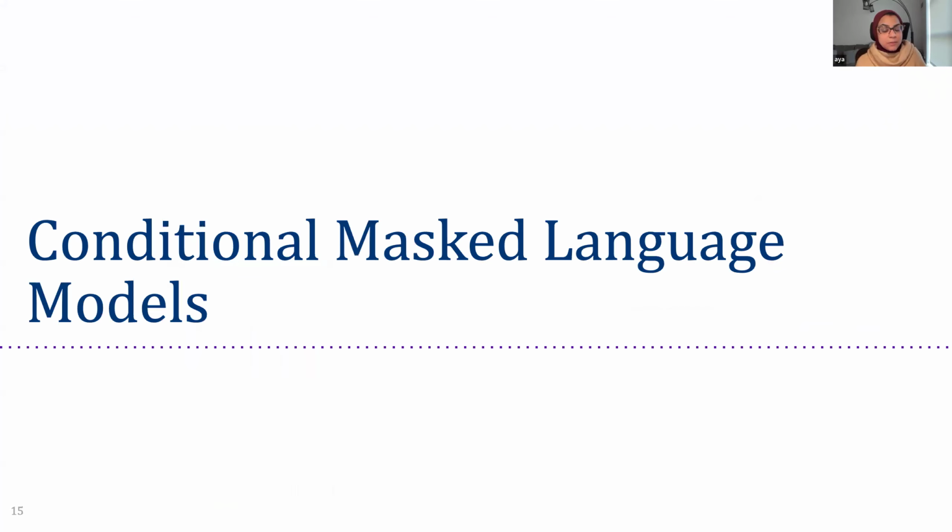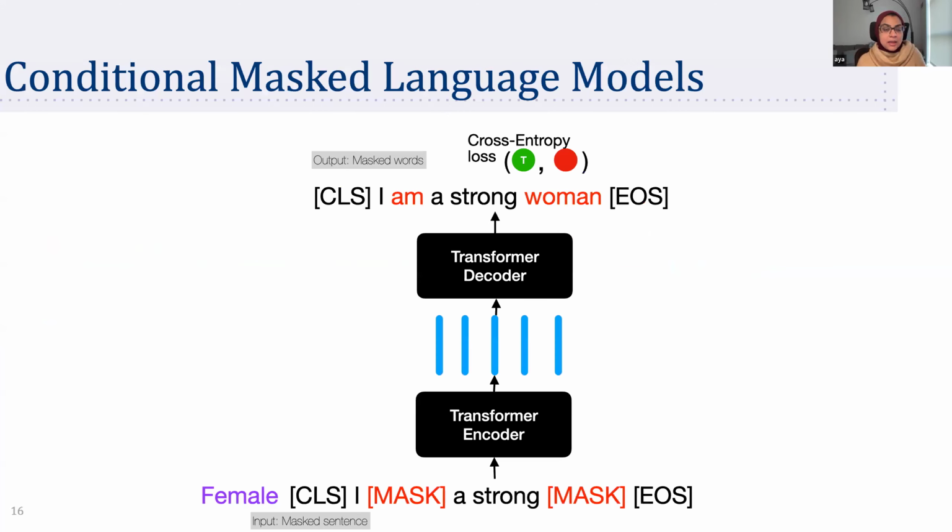People then started to think about conditional masked language models, which are mainly used for conditional generation. So how do we change the masked language model into a conditional masked language model? For English, they said we can add a tag at the beginning. For example, if I want to generate a female, I add the concept female as a tag, so that the model learns to complete the sentence as "I am a strong woman" rather than "I am a strong man."